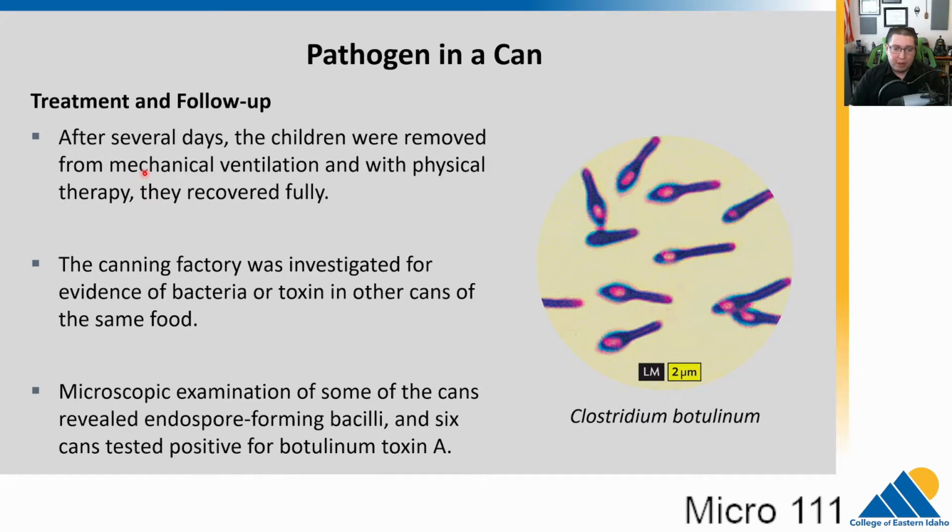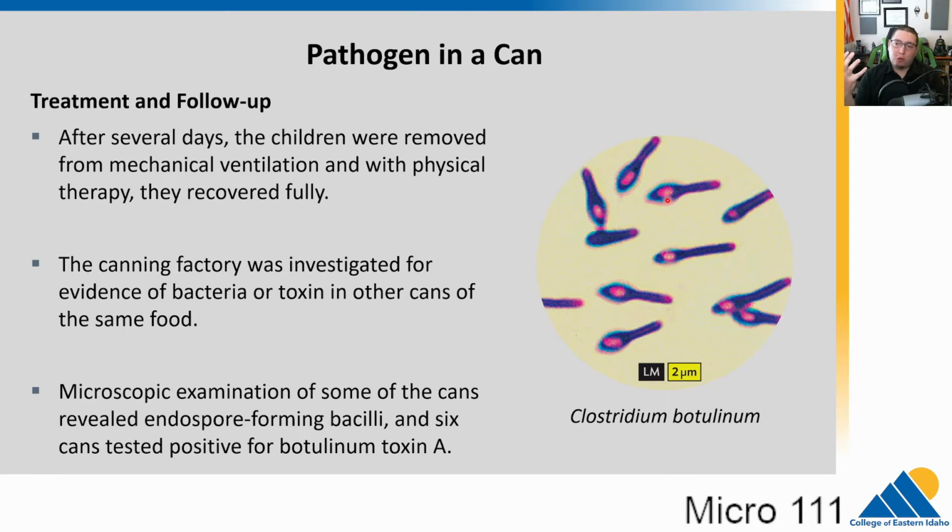We're, of course, going to then investigate the source, and because they ate some canned food, we're going to investigate the canning factory, and that's where they find evidence of the bacteria there. So Clostridium botulinum is interesting. It makes these club-shaped spores. So this part is the dividing bacteria, but then it makes this protective, what we call endospore.